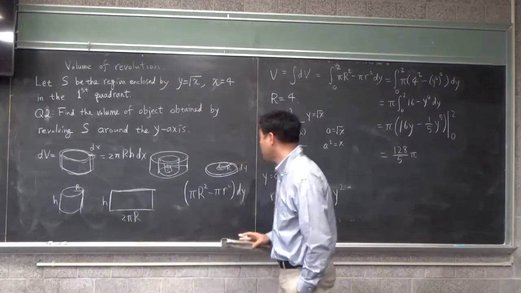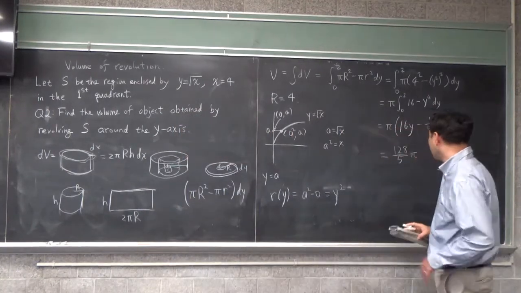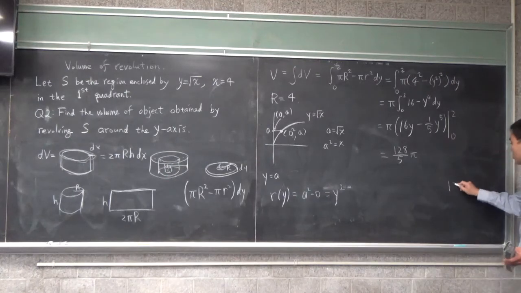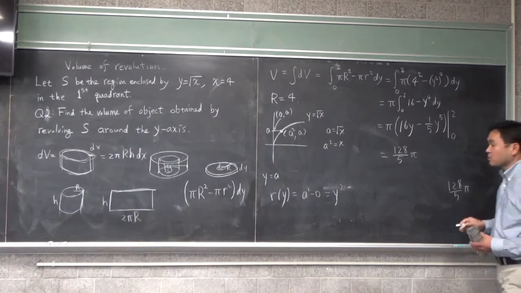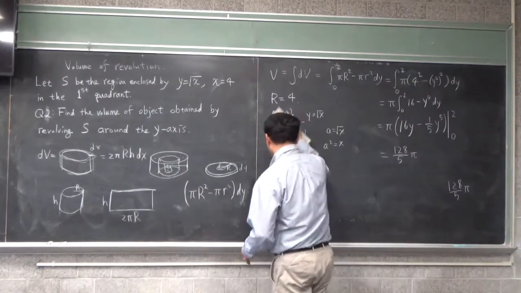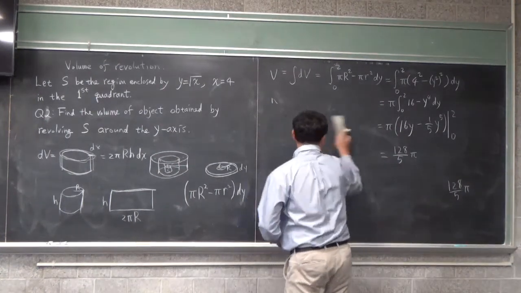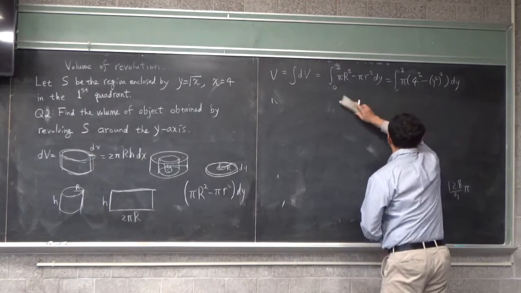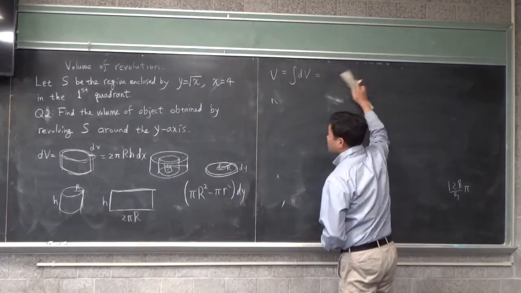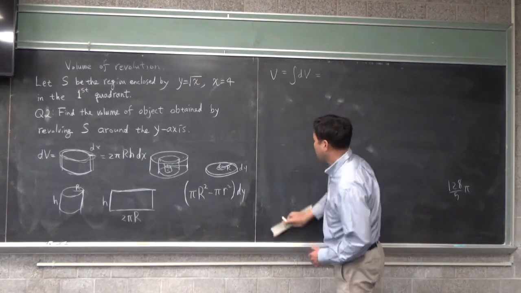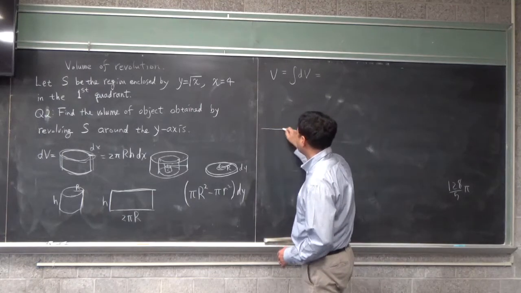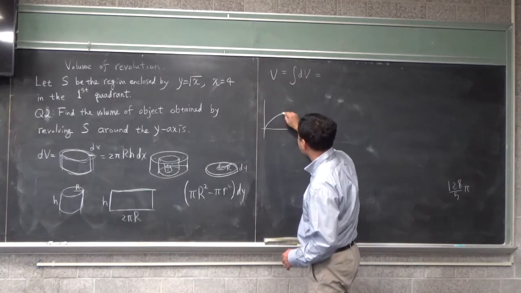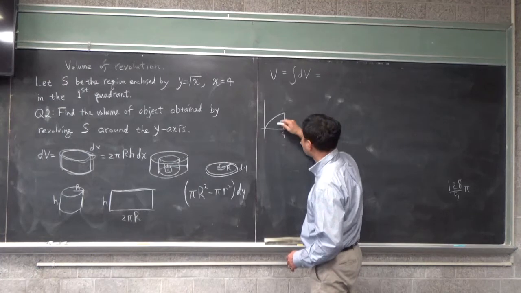Let's try this one to see what the answer would be. By the way, 128 over 5 times pi was our answer. It should agree with the other one. Okay, back to this picture.